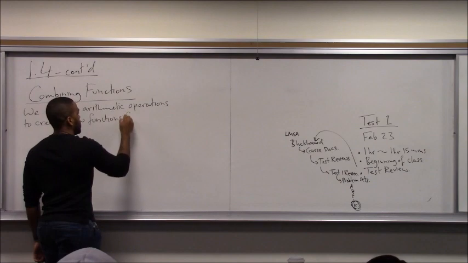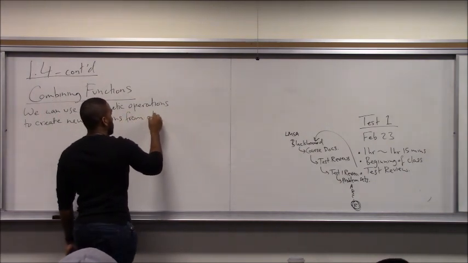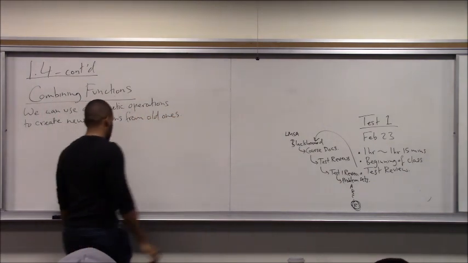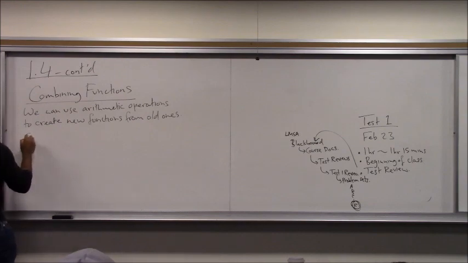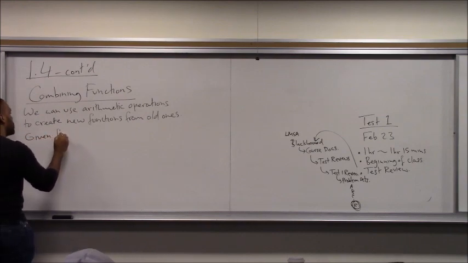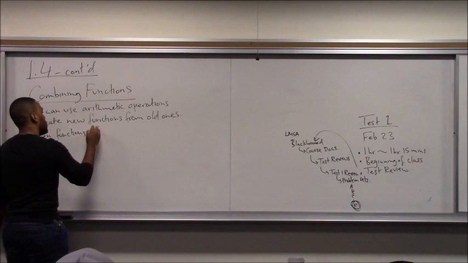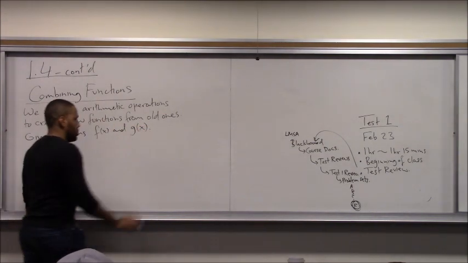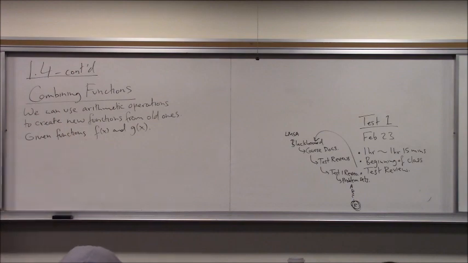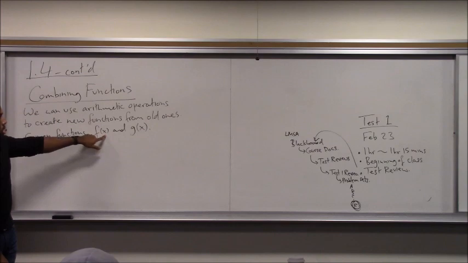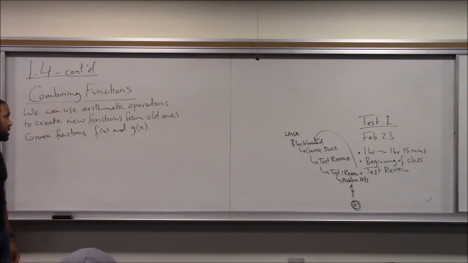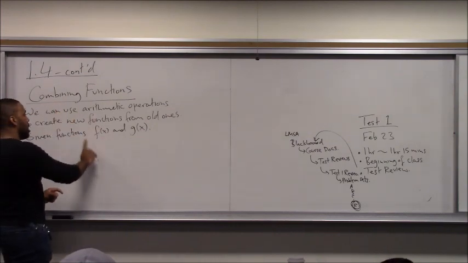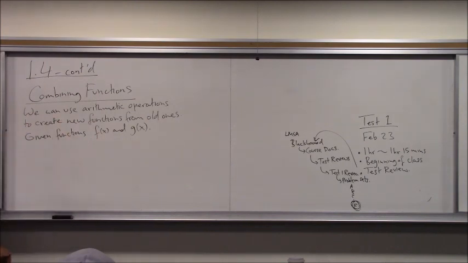from old ones. And so we can, for example, given functions f of x and g of x. Remember, we also described the notation last time. This is just a function whose name is f, and we call the generic input x, which represents any input variable, and the output is called f of x for that corresponding input.